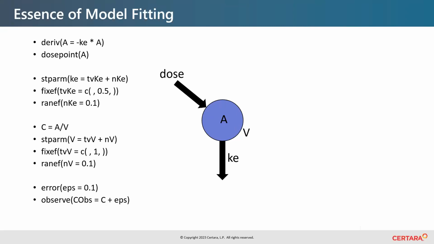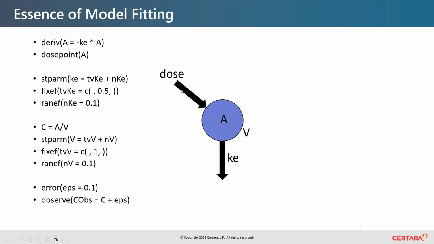If the systemic blood is a point where medication can be introduced by means of, say, an injection, then we would say that a dose goes into A. It might not, but in the simple case, it does.